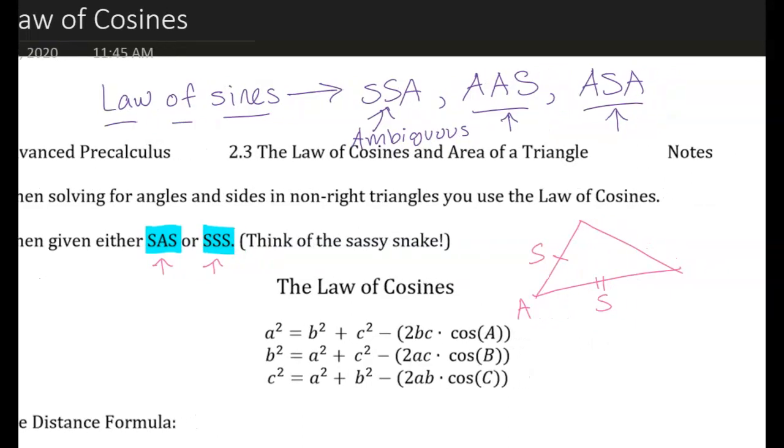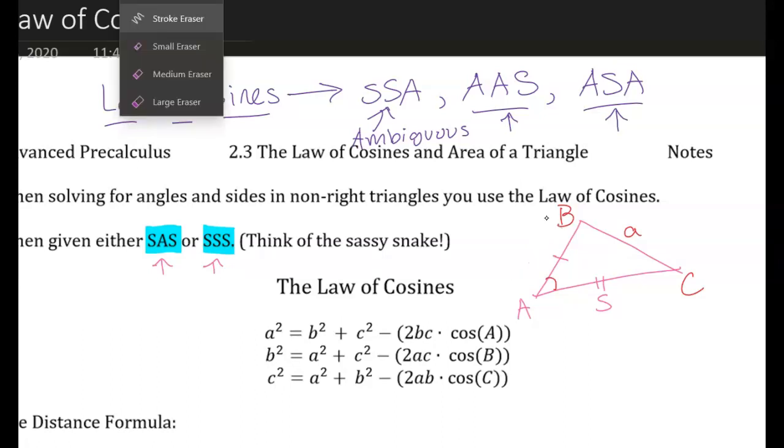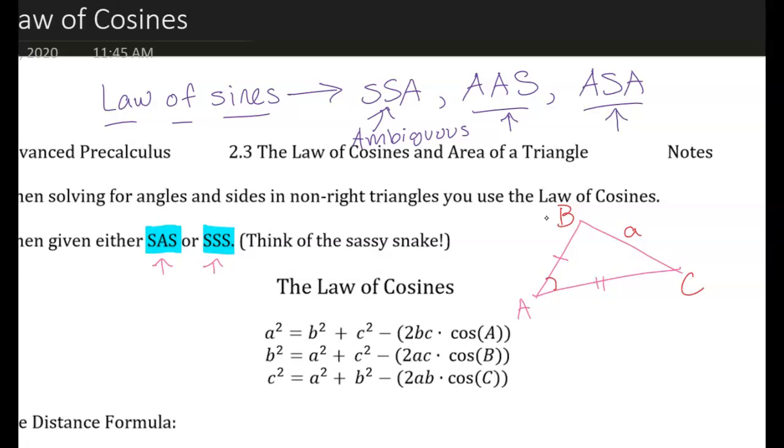Now, what the law of cosine states, let me make this angle B and angle C, is the side across from the angle that you're given. If I'm trying to find that side length, all I have to do is take the other two side lengths it gives us. We'll call these B and C. You take them and you square them, add it together, and then you subtract 2 times those same side lengths again times the cosine of the angle they gave you.